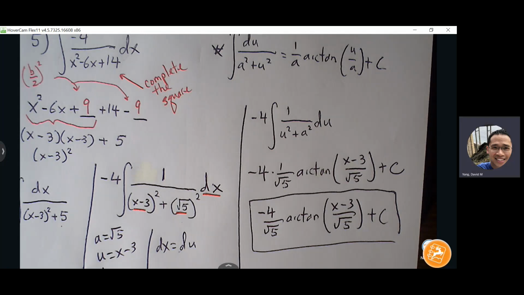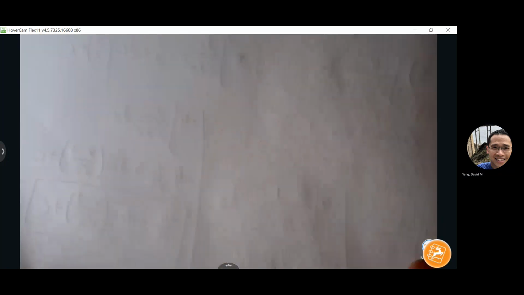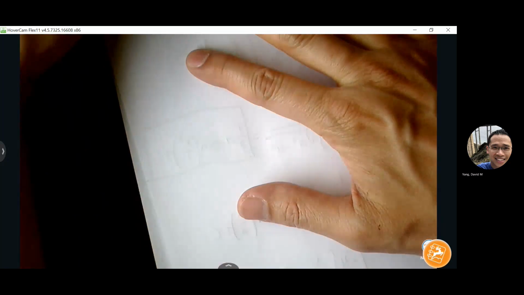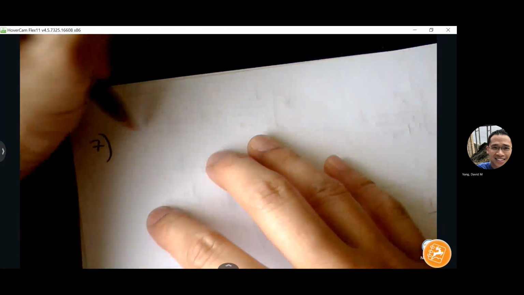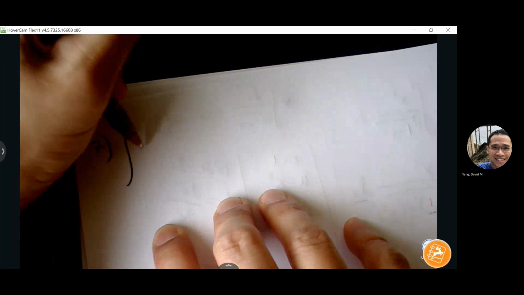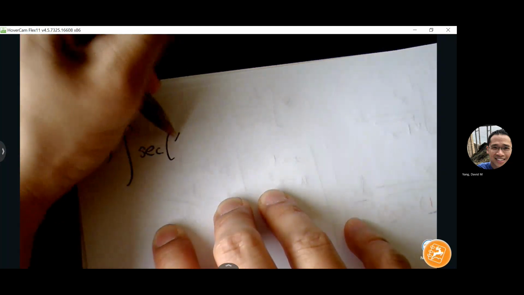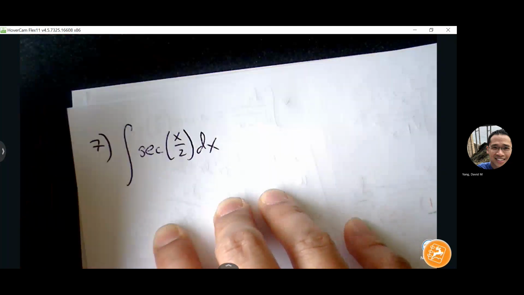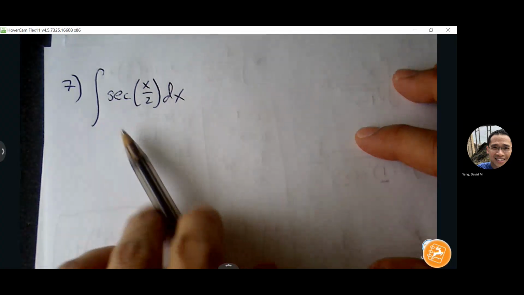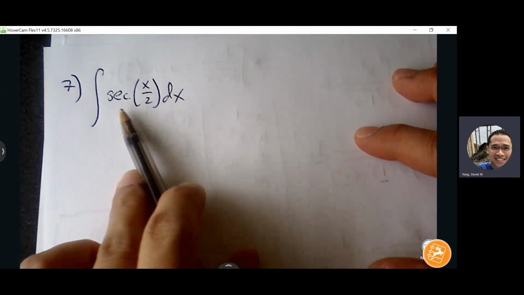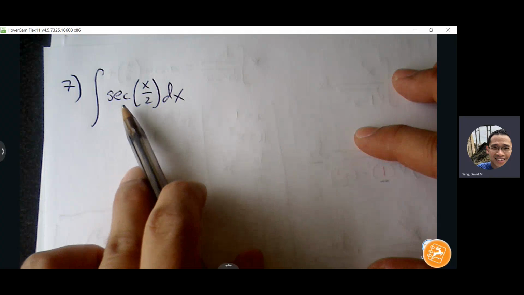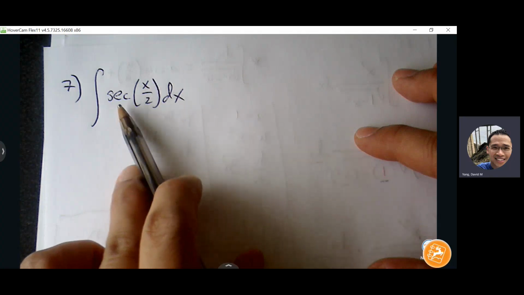Okay, let's do one more. We'll skip number 6 and let's try number 7. Okay, so we know that secant is one of the new trig rules, right? They involve natural log.